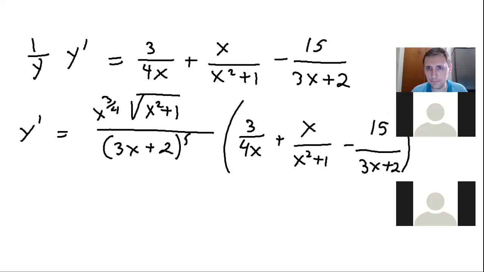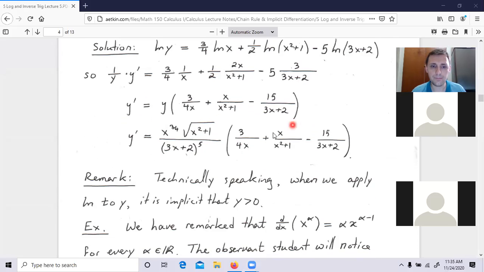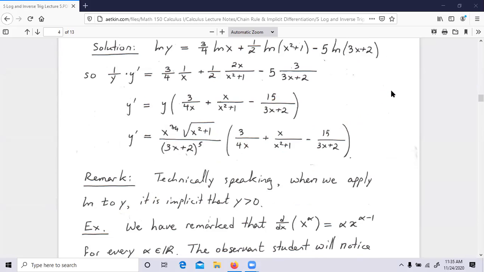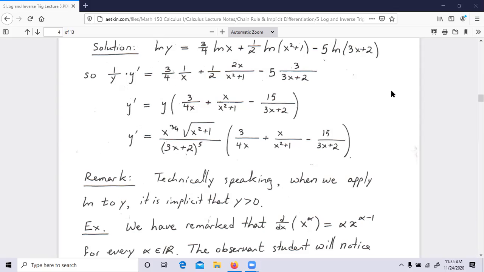All right, let's continue. Here it's written out. Now, here is a remark. Technically speaking, when we apply ln to y, it is implicit that y is bigger than 0 because logarithms do not work for negative numbers.